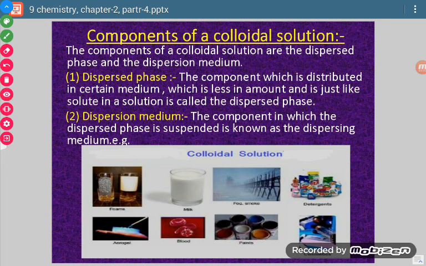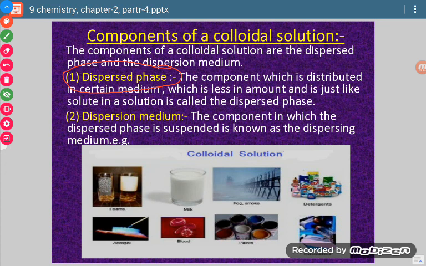Let us discuss these two phases. First, dispersed phase. Dispersed phase is just like solute. Solute in a solution is present in less amount and is distributed throughout the sample. Similarly, dispersed phase is present in less amount and is distributed throughout the dispersion medium.